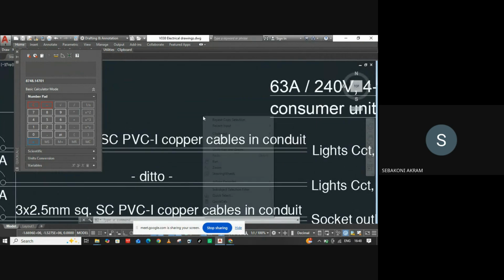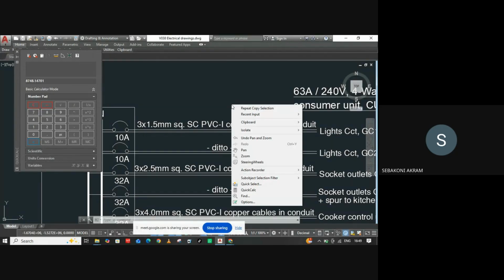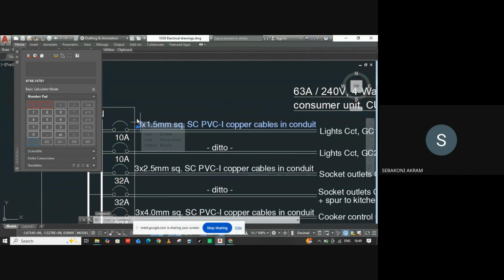That knowledge you did in recess, you would see when we are doing the lighting installation, we used single core cables. You would see red, black, and the green and yellow. Red for the live, black neutral, then the green and yellow for the earthing. So what I'm specifying here is the 3, meaning 3 of them, each having 1.5 millimeters copper cables in conduit. You're getting my language there.